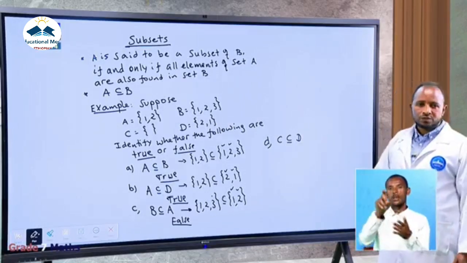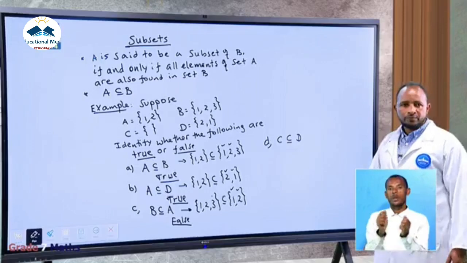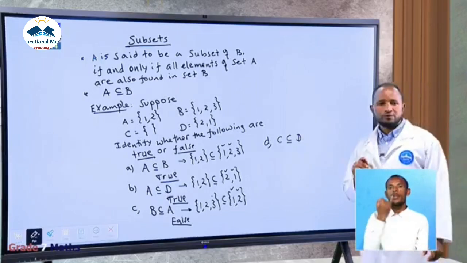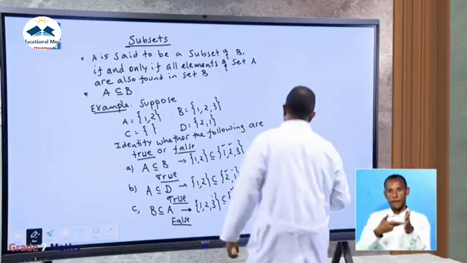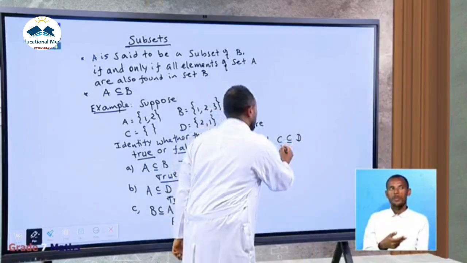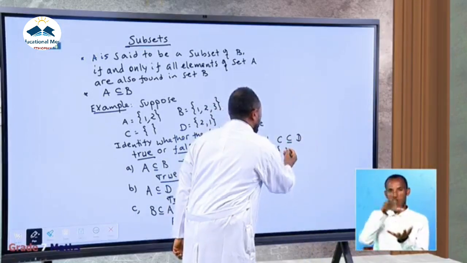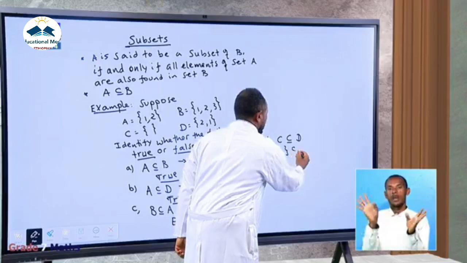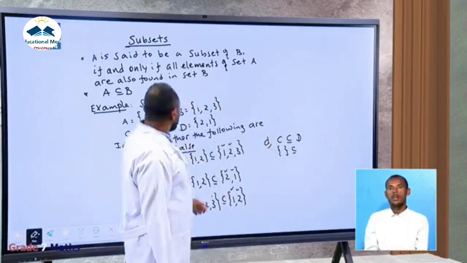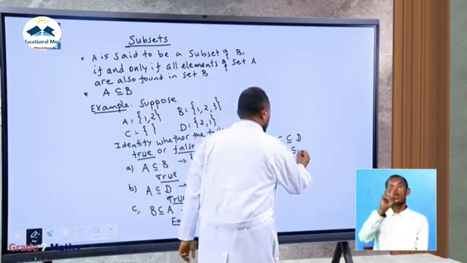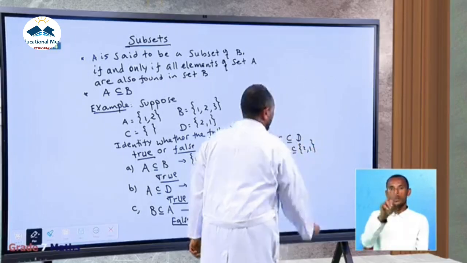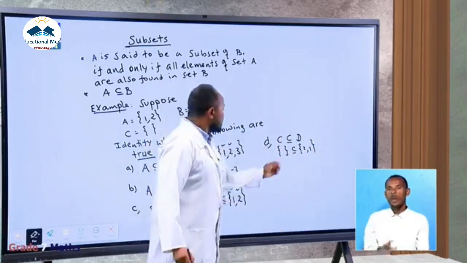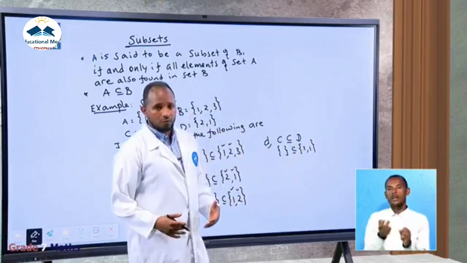Let's see this question together. Is C a subset of D? Which means set C has no element. Subset of set D contains 2 and 1. Here we can check this statement in this form.